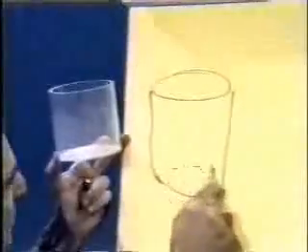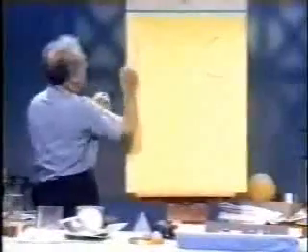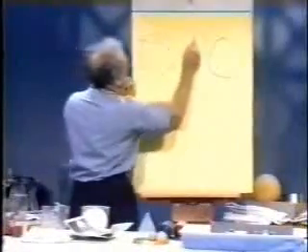Here I have a right circular cylinder, and here I have a right circular cone, and here I have a sphere. They are the same altitude and the same radius.